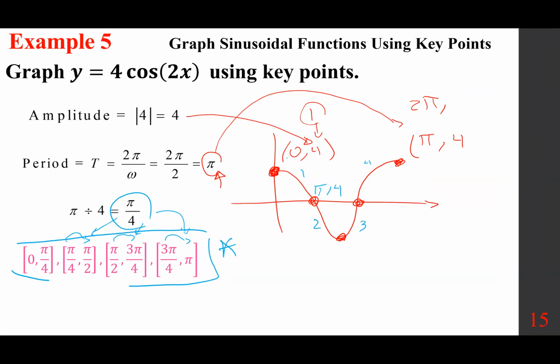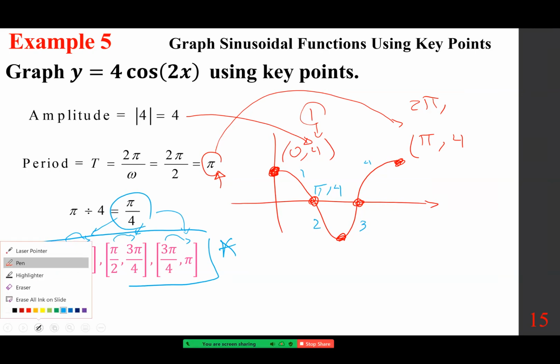For example, this one is 0, 4. What is this one? Pi over 4, 0. This must be pi over 2, negative 4. This must be 3 pi over 4, 0. And this must be pi, 4.